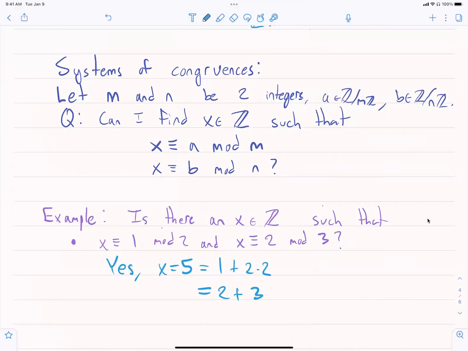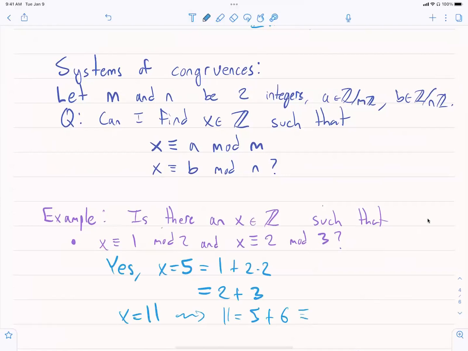There are more solutions. x equals 11 also satisfies this, because 11 is equal to 5 plus 6. If I add 6, that doesn't change me mod 2 because 6 is 0 mod 2. And it doesn't change what happens mod 3 because 6 is 0 mod 3.